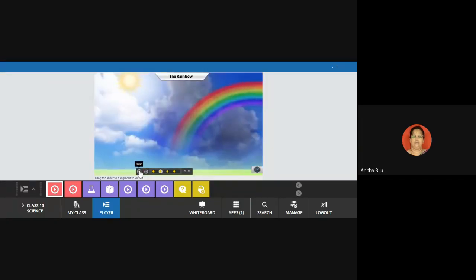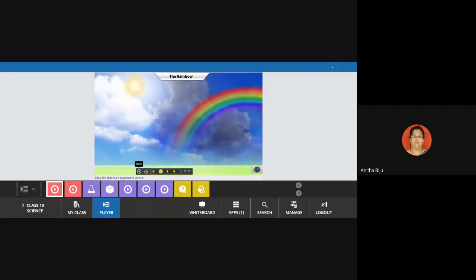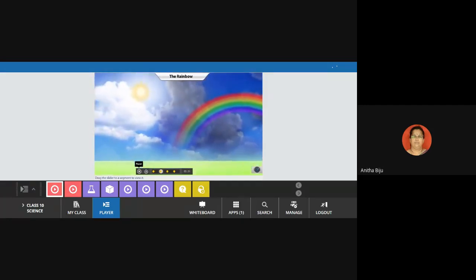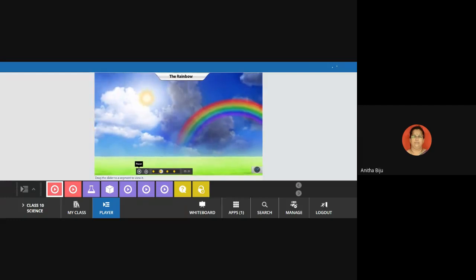Now that you know how light splits up into different colors, let's find out how a rainbow is created. A rainbow is formed in the sky with the help of two things, the sun and water droplets. These water droplets could be in the form of rain, cloud, or mist.